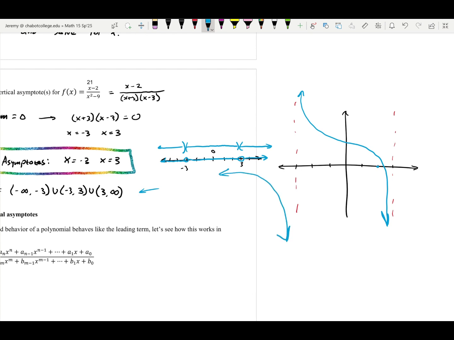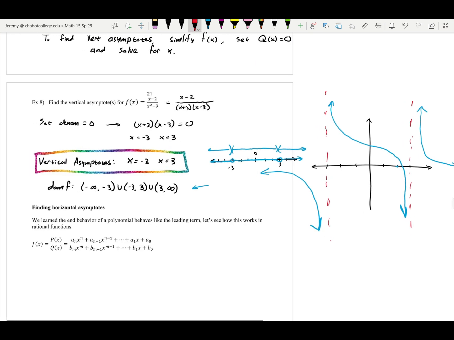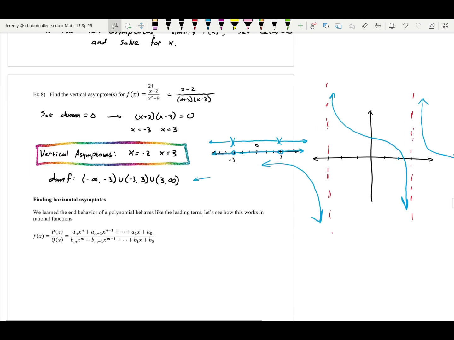These rational functions have super cool graphs. I really like them. You'll see that we have the vertical asymptotes at -3 and +3. So you can always use your graphing calculator to check your work on a problem like this.